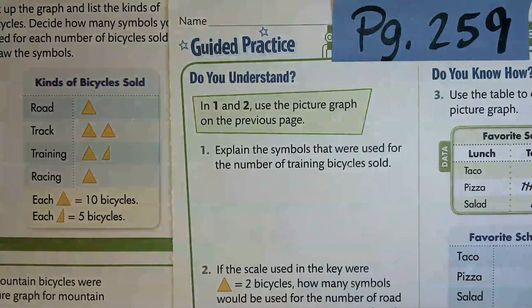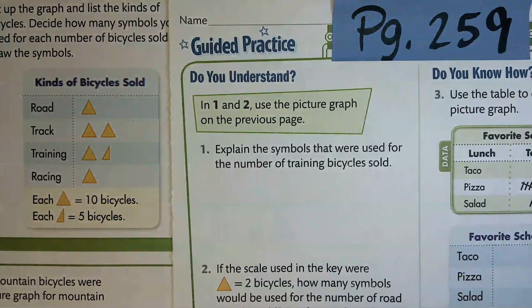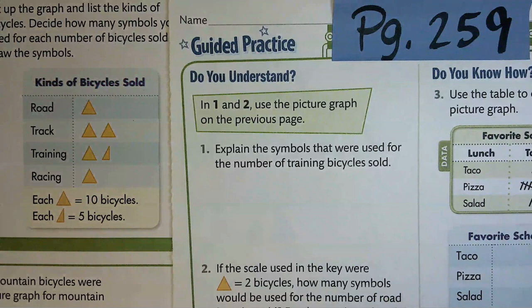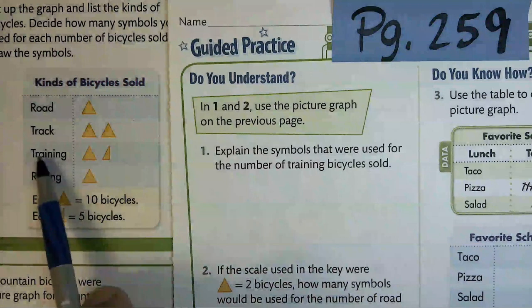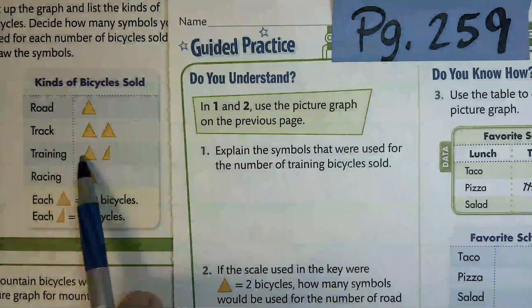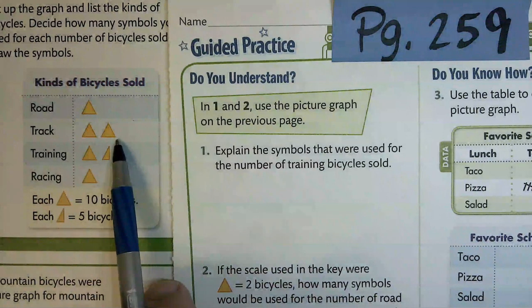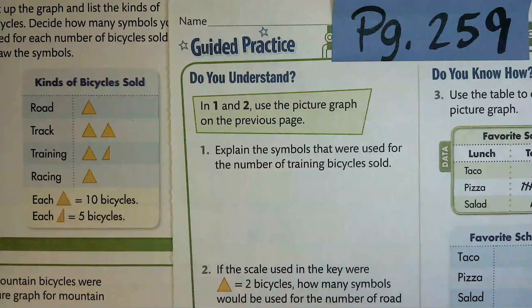Number 1 says, explain the symbols that were used for the number of training bicycles sold. All right, explain the symbols. Well, our symbols for the training, I find training over here, and I see I had a full triangle and a half triangle. All right, so how would I explain that?